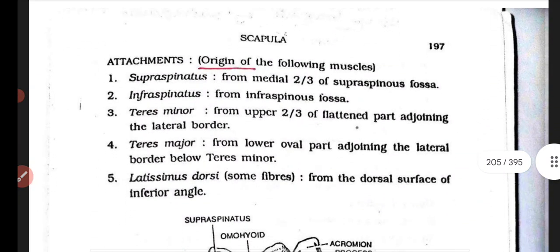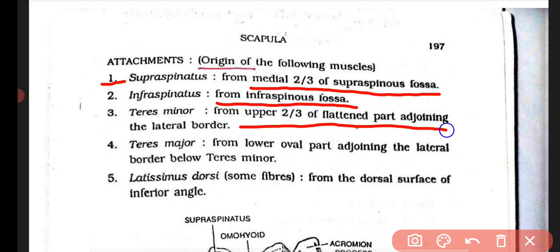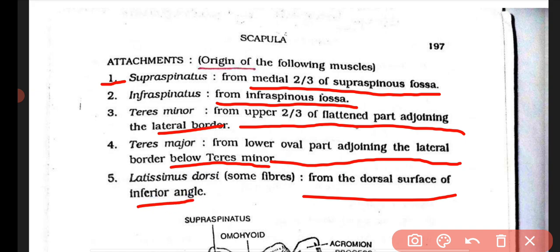Now, we'll see the attachment of the muscles. Origin of the following muscles: supraspinatus from the medial two-thirds of the supraspinatus fossa, infraspinatus from the infraspinatus fossa, teres minor from the upper two-thirds of the flattened part adjoining the lateral border, and teres major from the lower oval part adjoining the lateral border below the teres minor, and latissimus dorsi from the dorsal surface of the inferior angle.